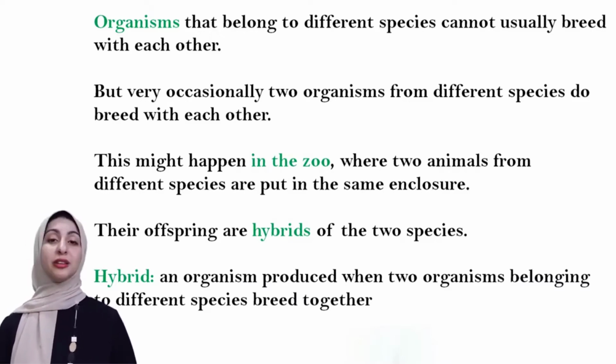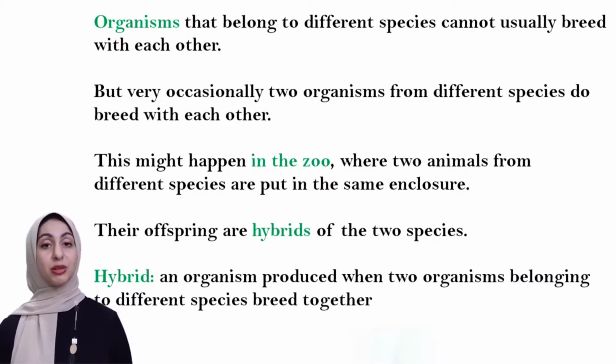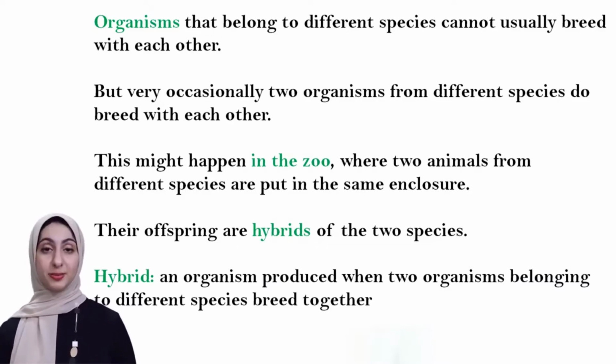And this might happen in the zoo, when two animals from different species are put in the same enclosure together. They breed, but their offspring will be infertile and it will be called a hybrid.